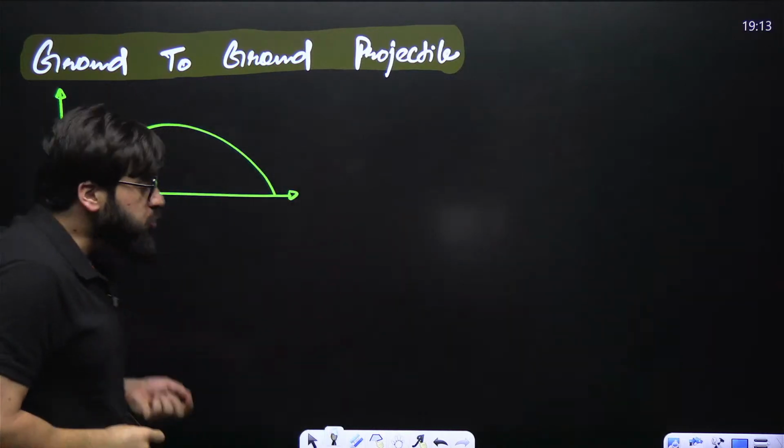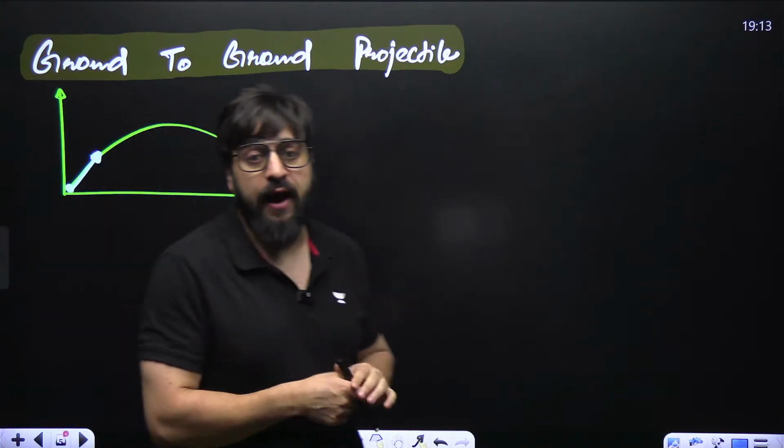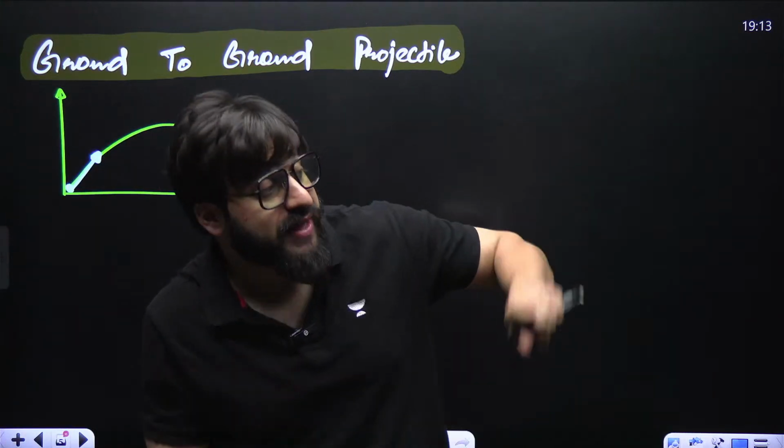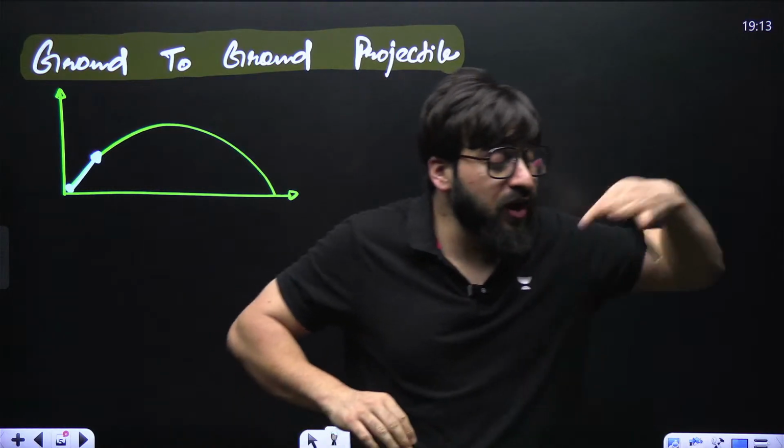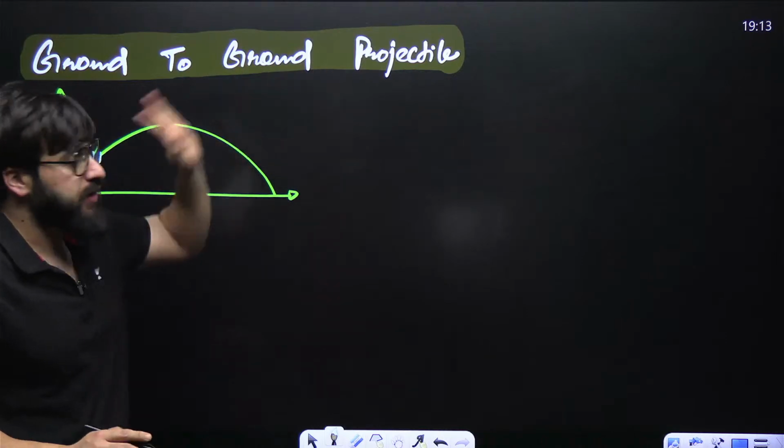Here, you are throwing an object from the ground and it falls onto the ground. When you throw a projectile from the ground and it again falls onto the ground, that is what we call the ground to ground case.